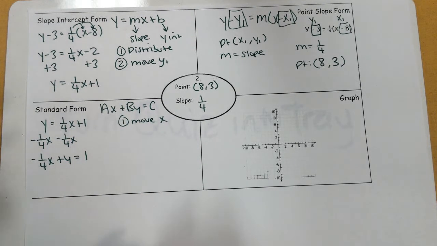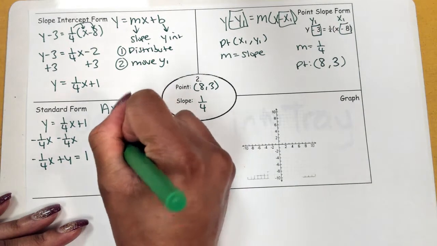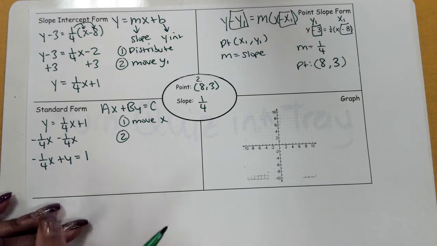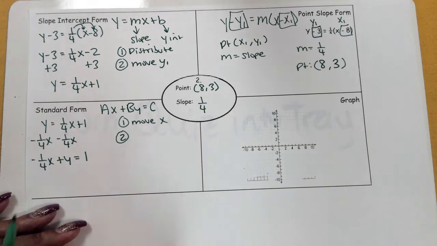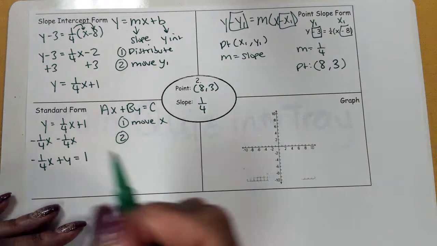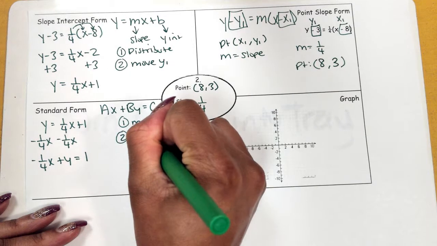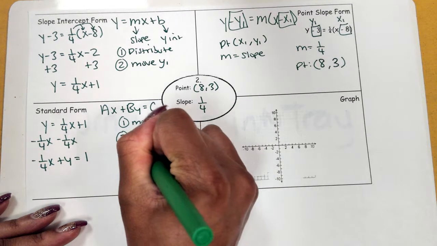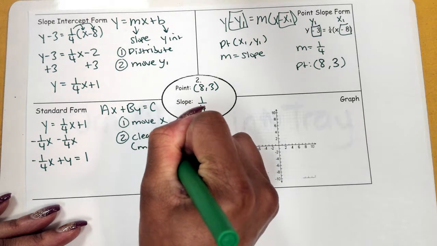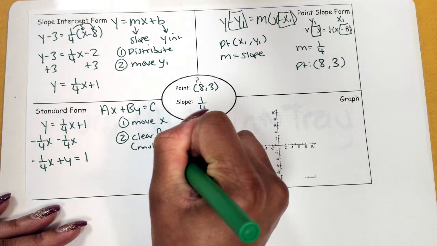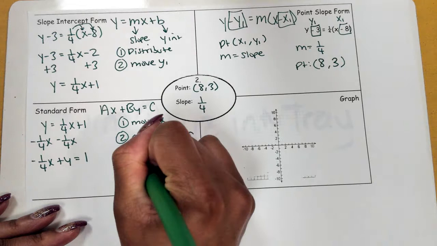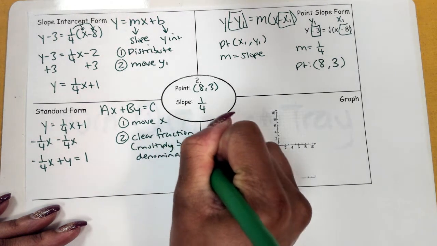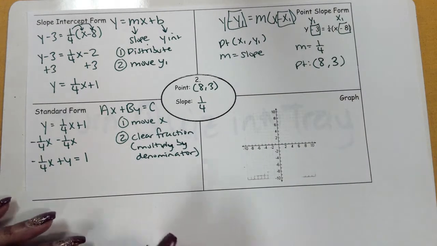Okay, so now our second step, we have two things going on. We got a fraction and we have a negative. So let's start with one thing at a time. Let's get rid of the fractions. We're going to clear the fraction. And remember, when we clear a fraction, that means we multiply by the denominator.